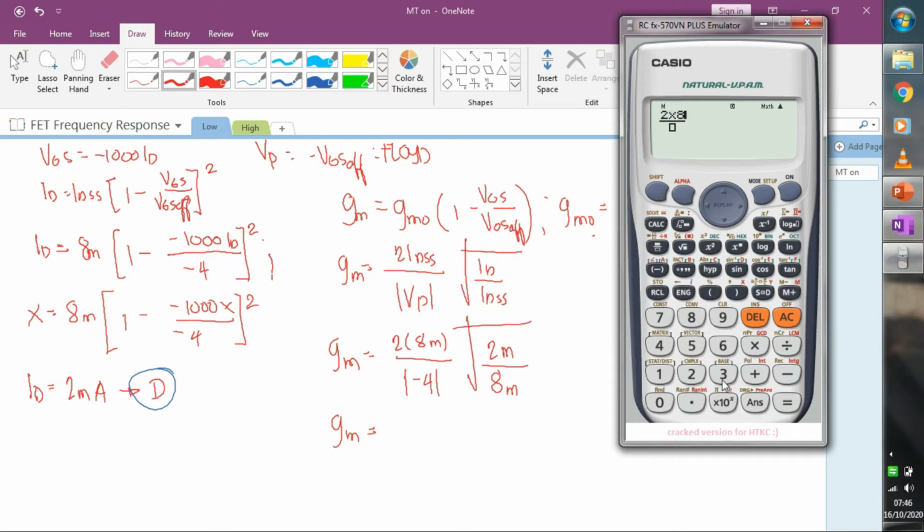So 2 times 8 times negative 3 all over the absolute value of negative 4 times, since the milli are the same, I can just do the square root of 2 over 8, or 2 divided by 8. So that, I store in D. So why D again? Because first, that was my drain current. I only used my drain current to compute the value of my transconductance. So that is 2 millisiemens.